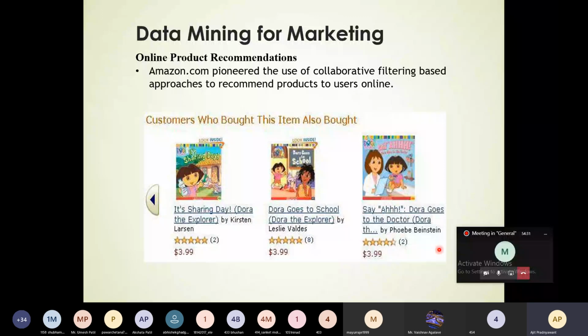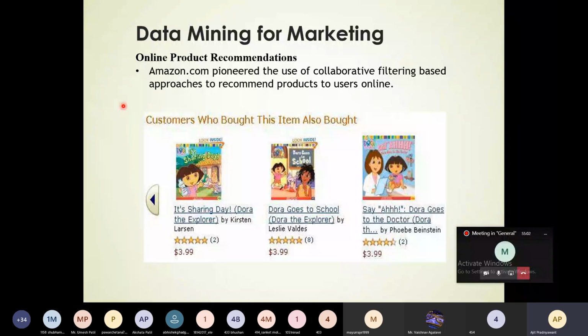Data mining will find the correlation or association between the items that are matched together or bought by customers together, and those items will be shown to you. So this is how they use data mining algorithms to make a more user-friendly, more detailed web page to give a better experience to the customer.